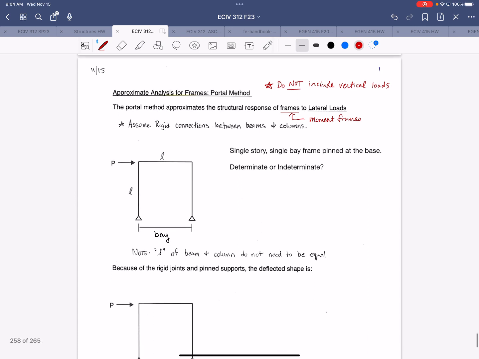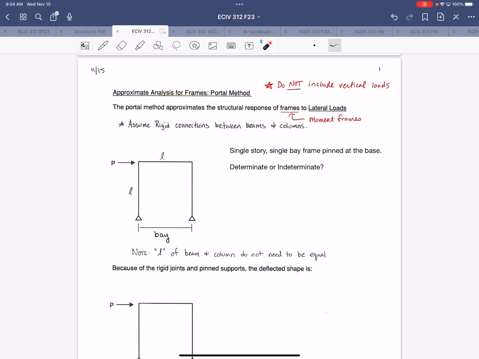That's where it originates from. Since we're dealing with portal frames, which are moment frames, we assume that we have rigid connections between the beams and columns. So first we'll consider just this single story, single bay frame that's pinned at the base.